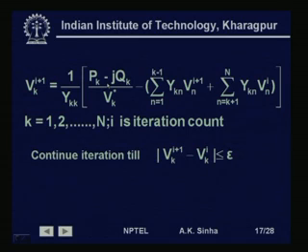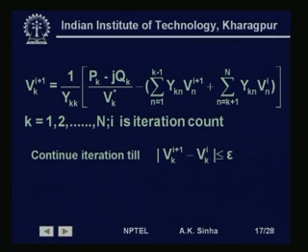Now, here you see what we have done is, as we keep on updating, the previous values are being replaced by the updated values. So, if we are finding out the value at I plus 1th iteration for bus 5, then we already know the I plus 1th iteration value for bus 1, 2, 3 and 4.